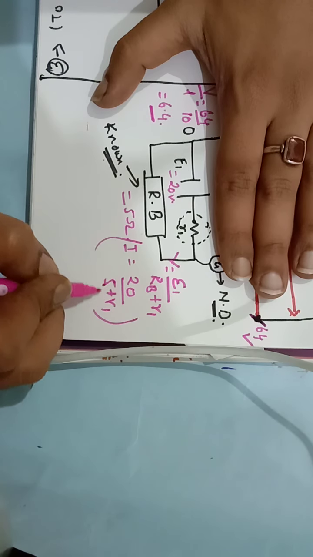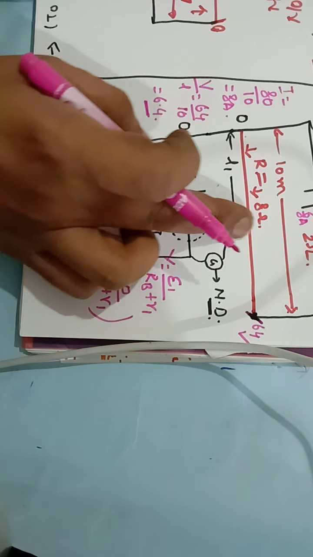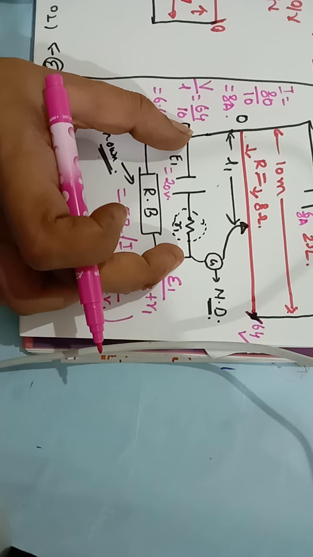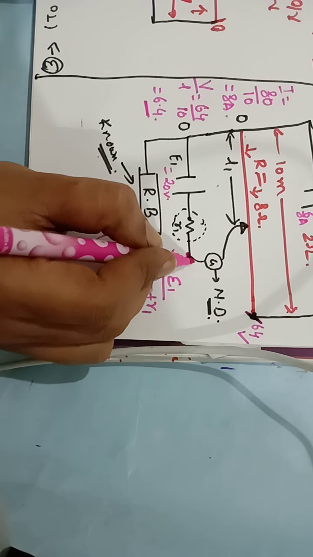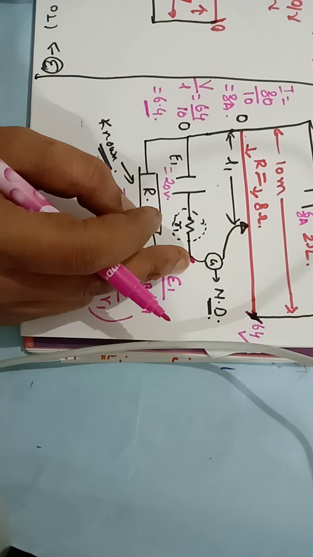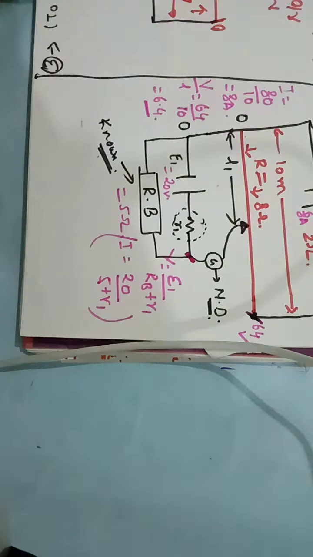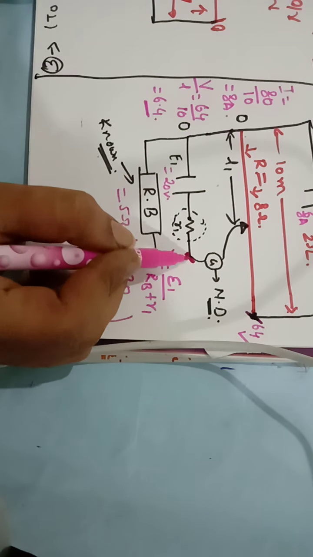So it is I1. Now when we connect this galvanometer, there should be some voltage over here. This voltage should be the same as this voltage, so what will the voltage over here be?